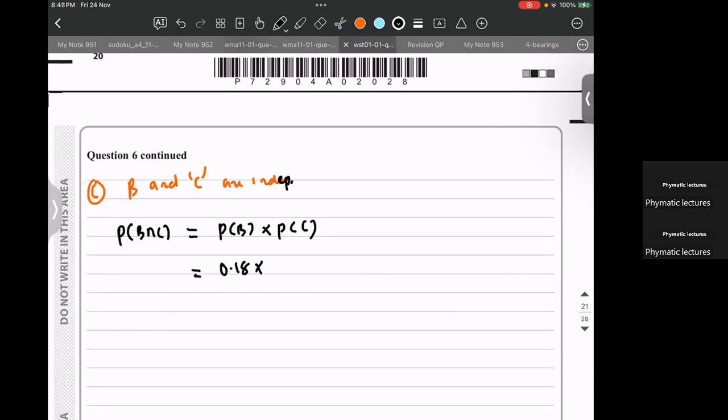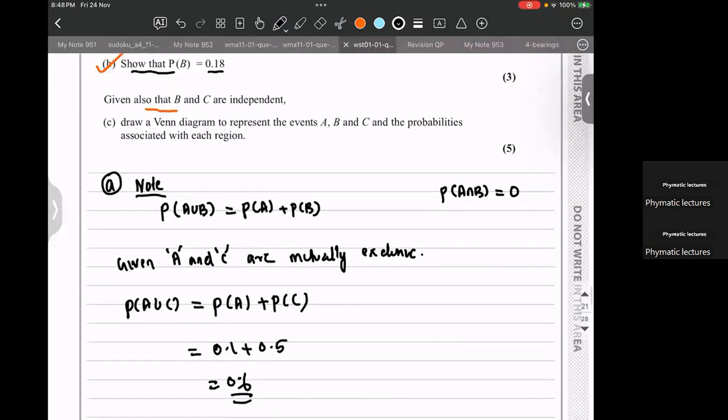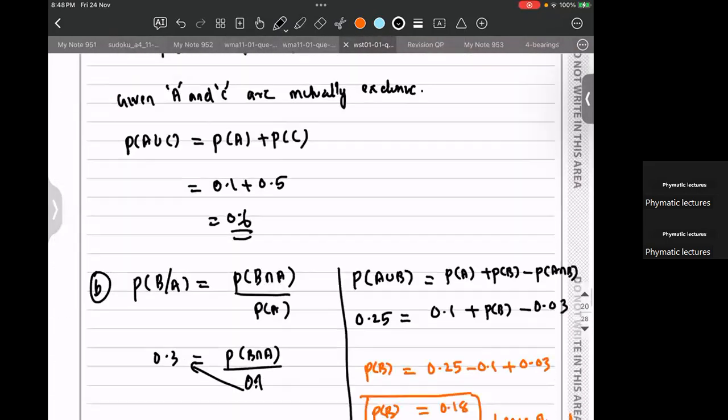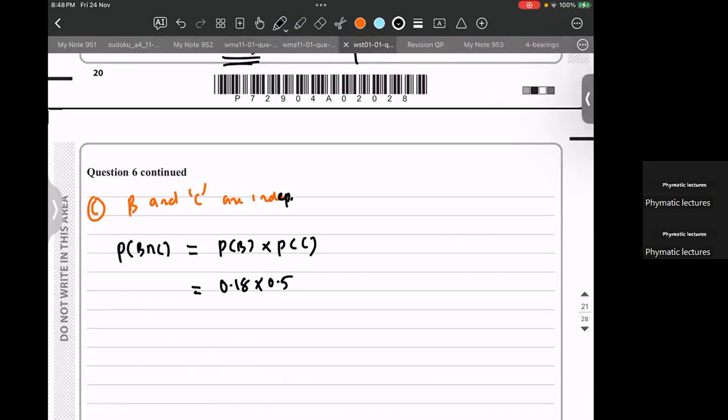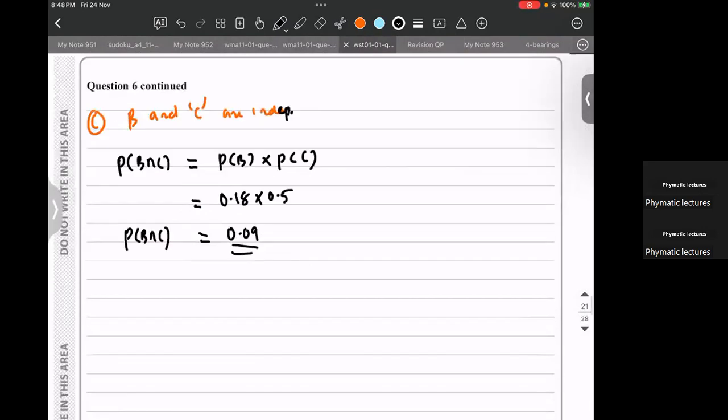We got it as 0.18. What is probability of C? That is 0.5. So 0.18 multiplied by 0.5. So we will get it as 0.09. So probability of B intersection C, we got it as 0.09.